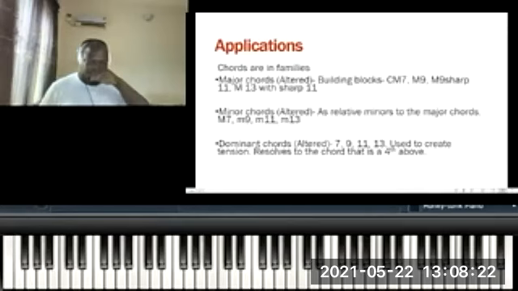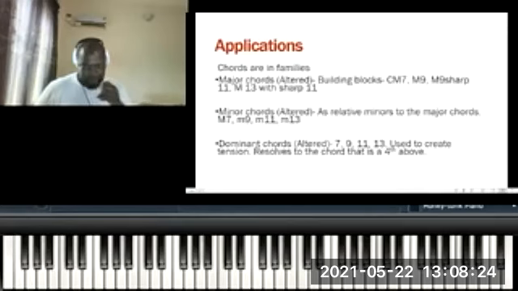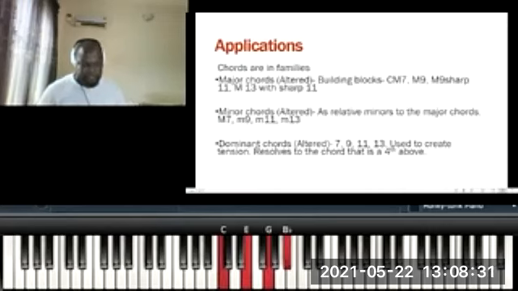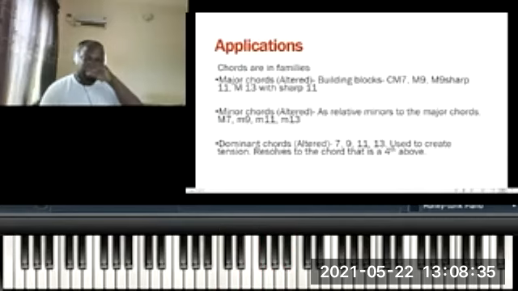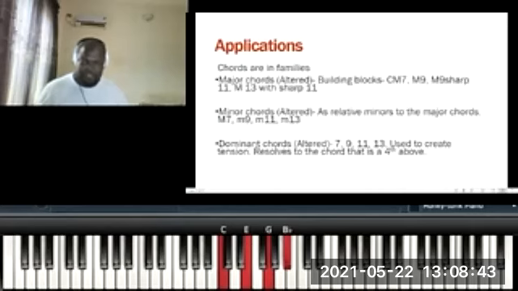And then we were talking about dominant chords. I said dominant chords will always create tension that will release to the chord that is up a fourth. Maybe an easier way to conceptualize it is to think of it as a do on a fa. Think of the dominant chord as the do that will release to a fa, right?